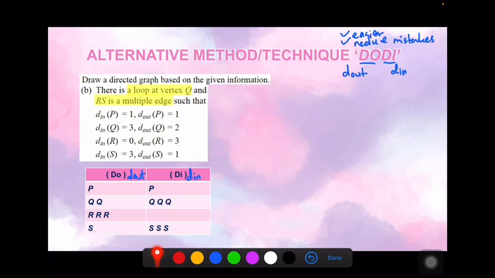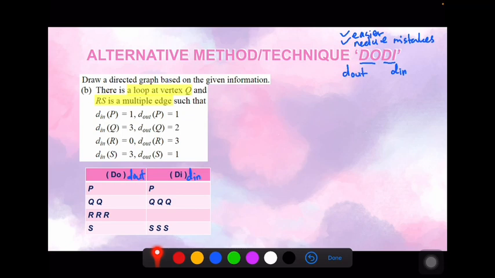Next, we have the information D in R is 0. So we don't have to write letter R at the column D in because it's 0. Next, we have D out R, 3. So write letter R 3 times at column D out.